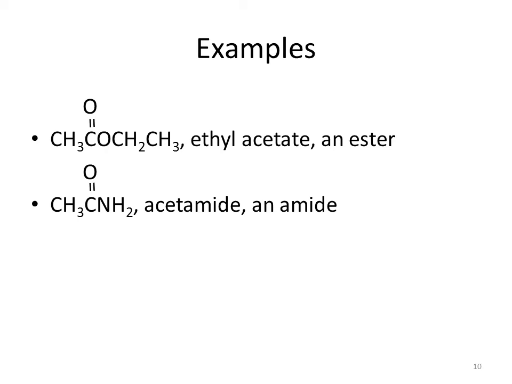If I look at the bottom compound, an amide, it looks like a carboxylic acid, but instead of having a hydroxyl group attached to the carbonyl, we've got an amino group. This particular compound is called acetamide, and we can recognize it as being an amide and not an amine because of the carbonyl on that nitrogen.